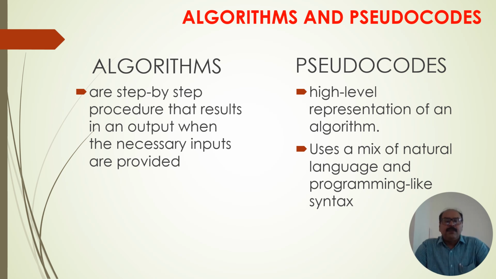So the primary difference between an algorithm and a pseudocode: both are tools used for the problem solving process. An algorithm is a step-by-step procedure that results in an output when necessary inputs are given.